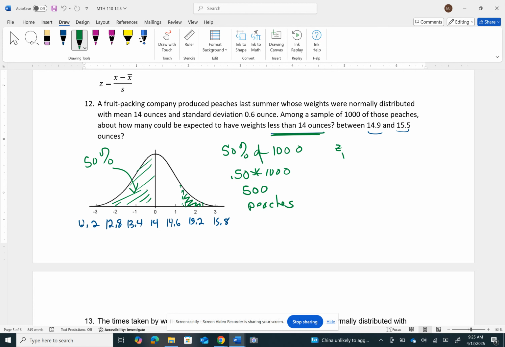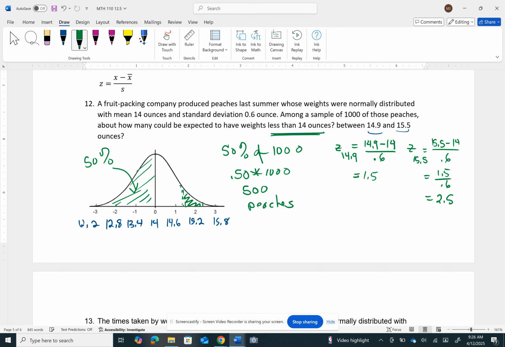So I'm going to try to keep myself straight about where I'm at. So the z-score for 14.9 I would find by taking 14.9, subtracting the mean, and dividing by the standard deviation. All right, so that gives me 1.5. Then take 15.5 and calculate the z-score that corresponds to that raw data value. So that's 15.5 minus 14 divided by 0.6, and that one equals 2.5.